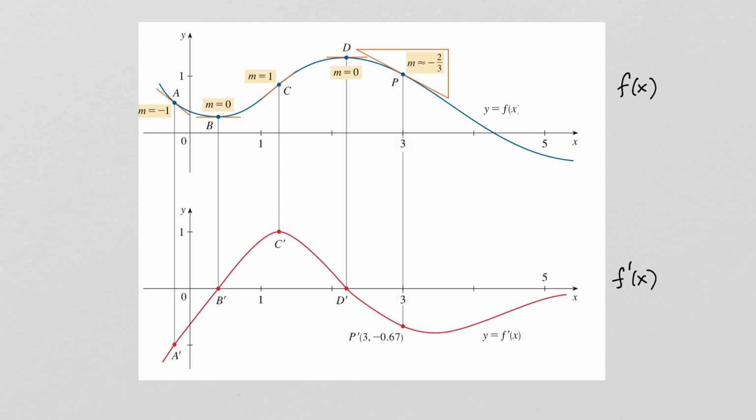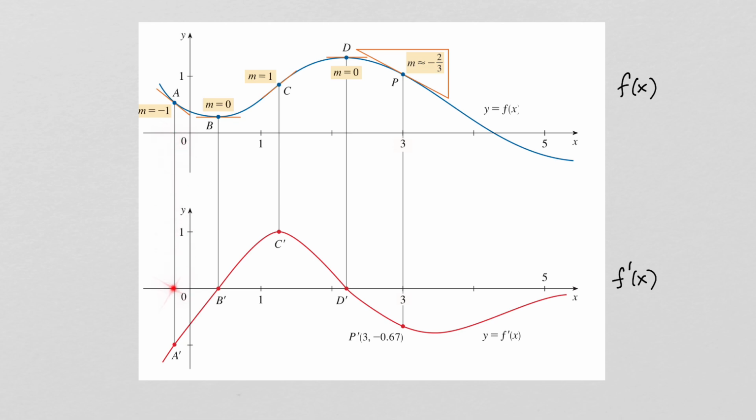So then the graph of the derivative would have to be the graph of a function that has these y values at these particular x values. So for example, point A on the derivative would have a value of -1 because the slope of the tangent line to the function f is -1 at that x value.